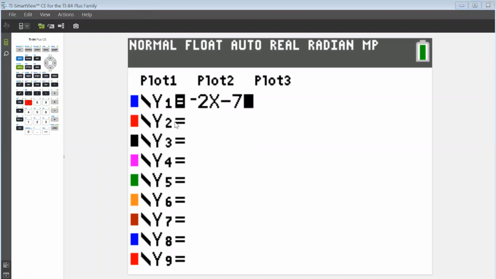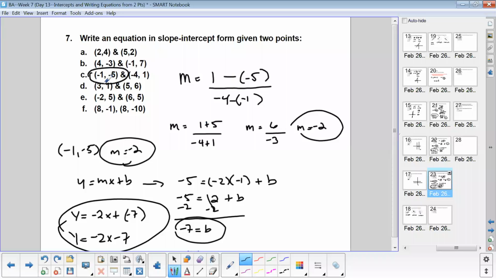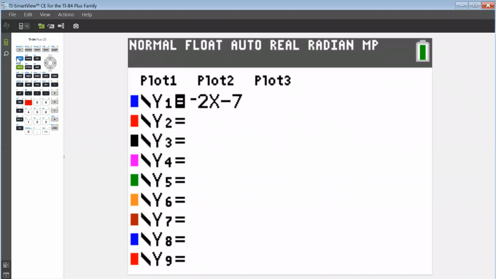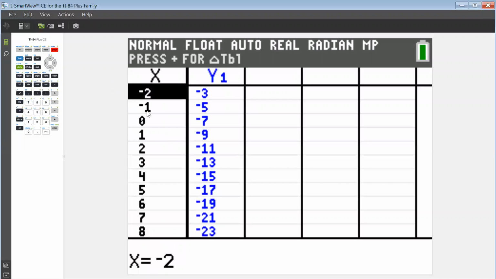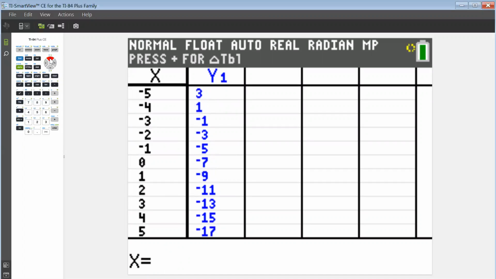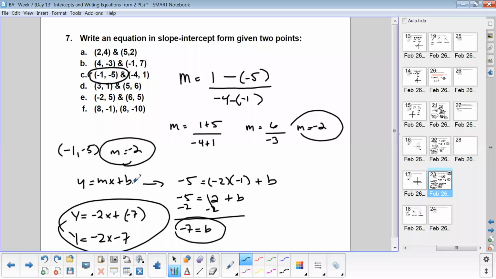And remember, what I'm looking for is the two points -1, -5, and -4, 1. -1, -5 and -4, 1 are the two ordered pairs that I use to find my slope and then to find my intercept.